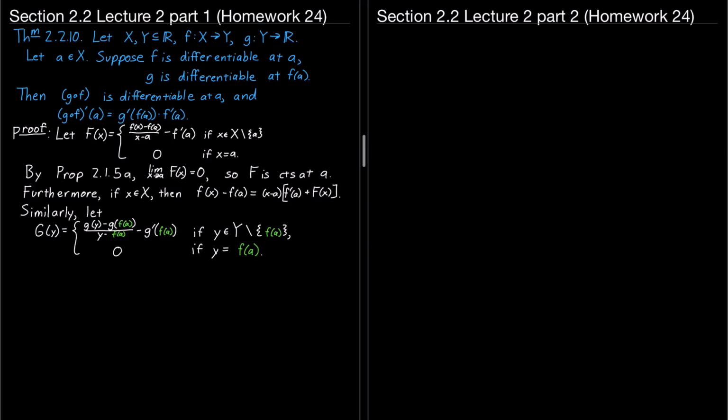And so the domain of big G is the same as the domain of little g, and big G is continuous at the point f of a.